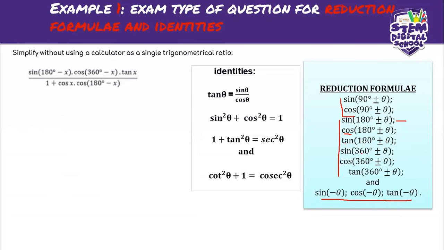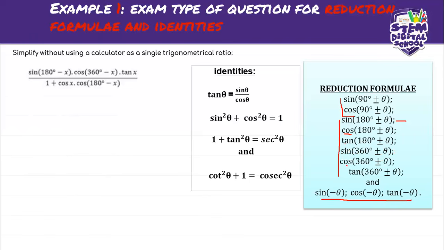Then sine into 360 plus theta. In which quadrant? First quadrant. Sine is positive in that quadrant. So our answer is positive sine theta. Then we say sine into 360 minus theta. Which quadrant? Fourth quadrant. And how is sine in the fourth quadrant? Is negative. So our answer is negative sine theta.